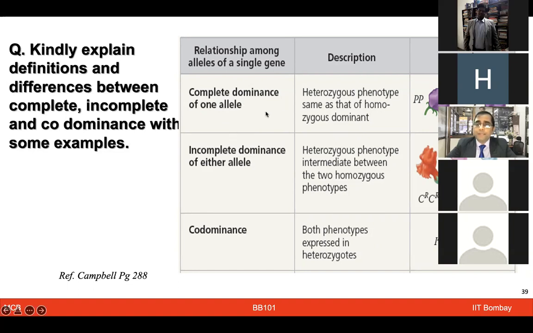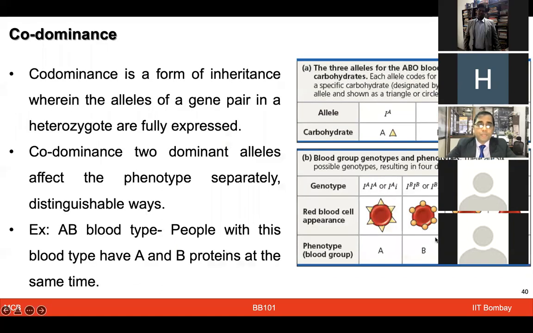Complete dominance, mainly when we talked about Mendel's monohybrid crosses, we looked at one trait only being inherited dominantly. Incomplete dominance, we gave this example of the purple flower of the snapdragon, and co-dominance we discussed with the blood group, where you can see both A and B are equally participating in this phenotype.